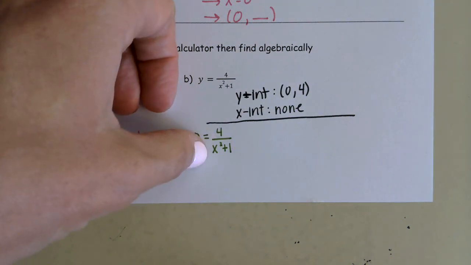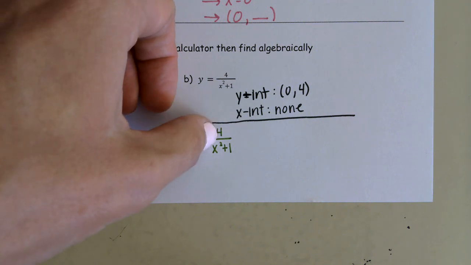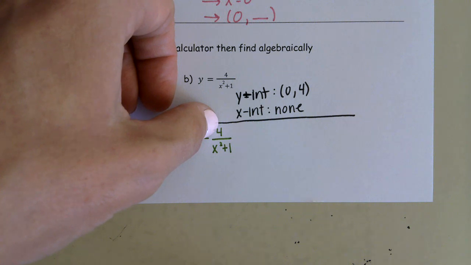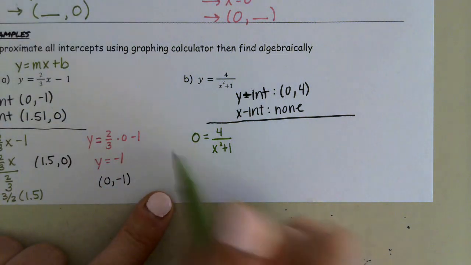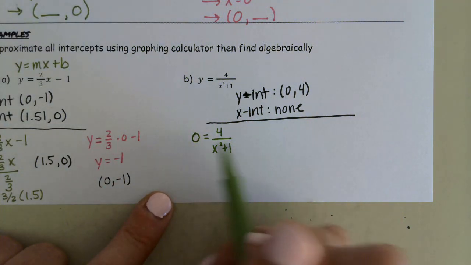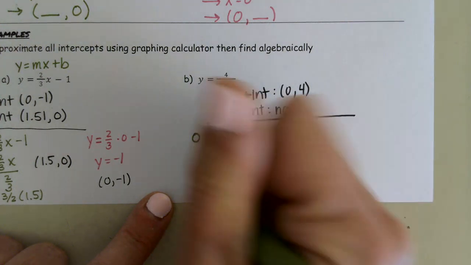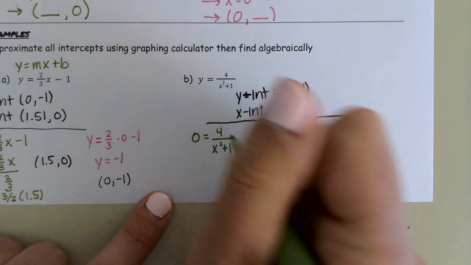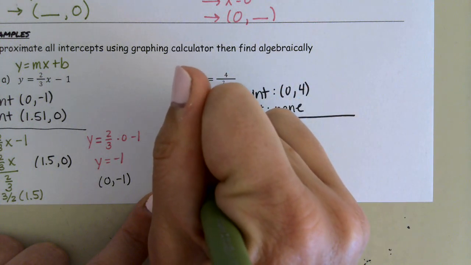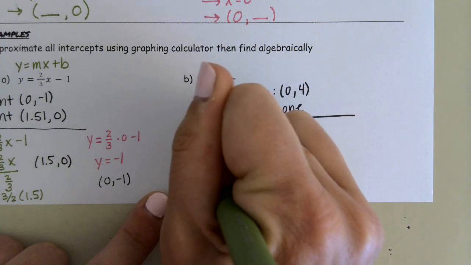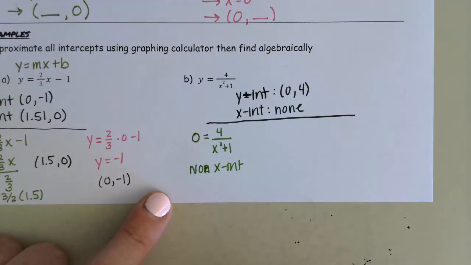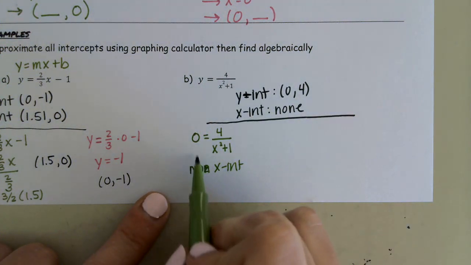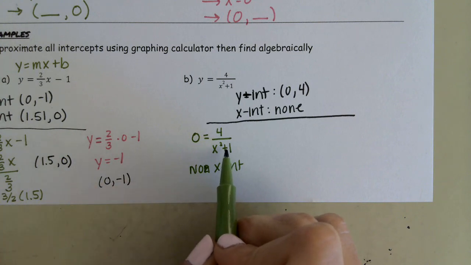You can't ever put 0 on the bottom of a fraction. 0 divided by, can I change this 4 to a 0? I can't. You can't do anything with this. There's nothing you can do here. This is as far as you can go. So therefore, there are no x-intercepts. Even if you tried to put this over 1 and cross multiply, 0 times this is going to be 0.